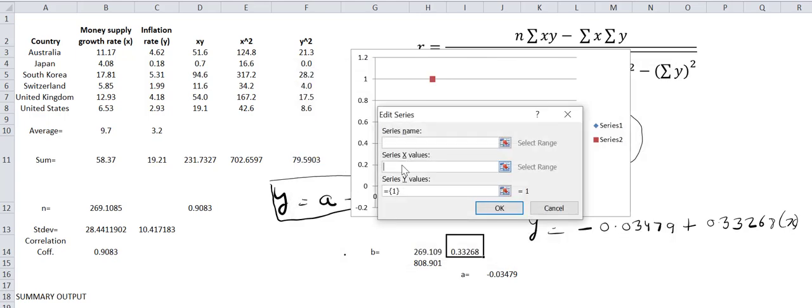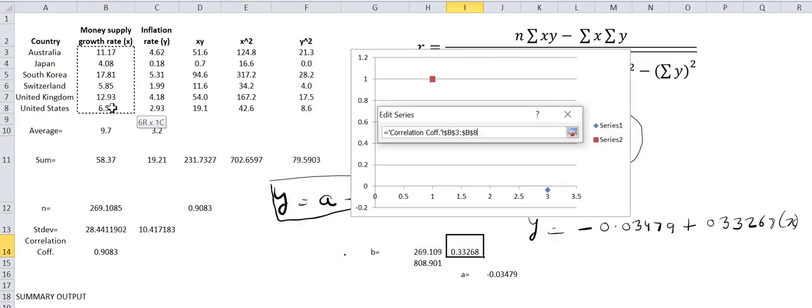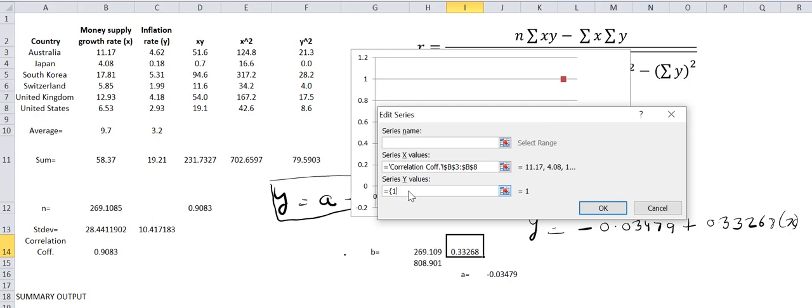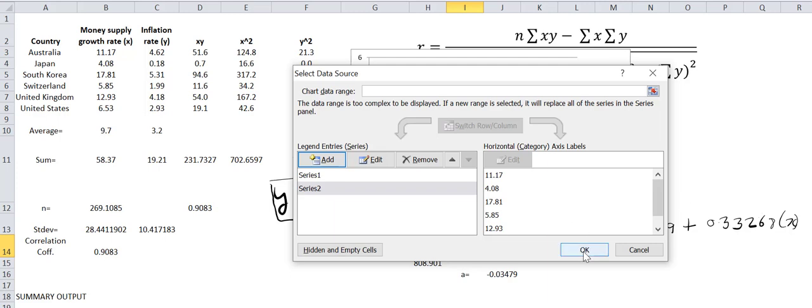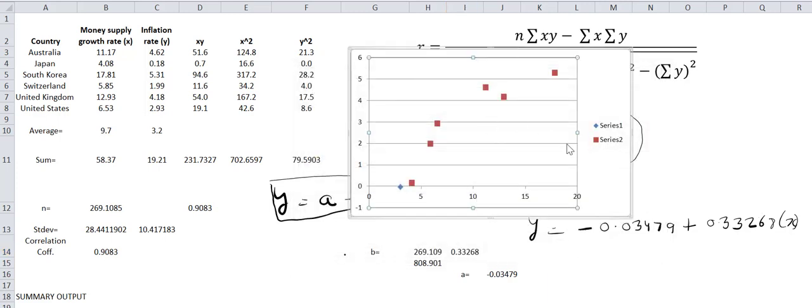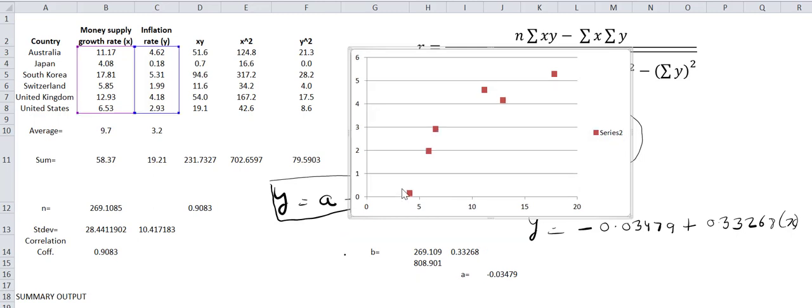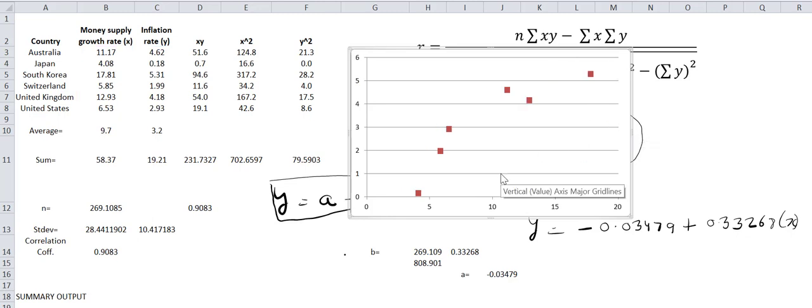So my x values are right here and my y values are here. So I have all the data points. I do not need this. I also do not need to show this. So I have my data points here.